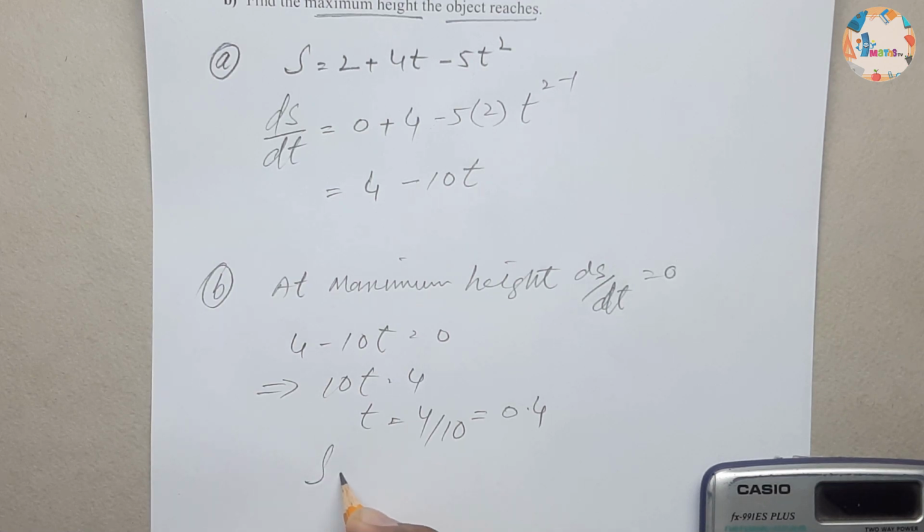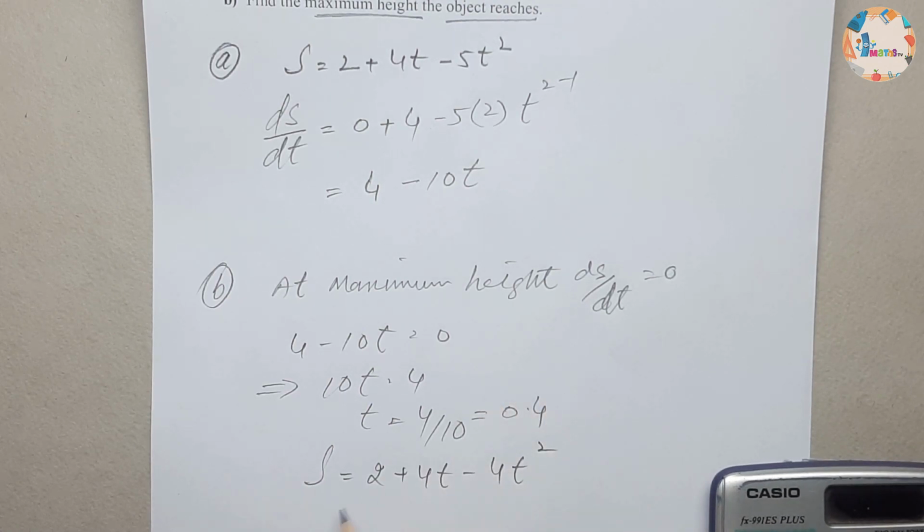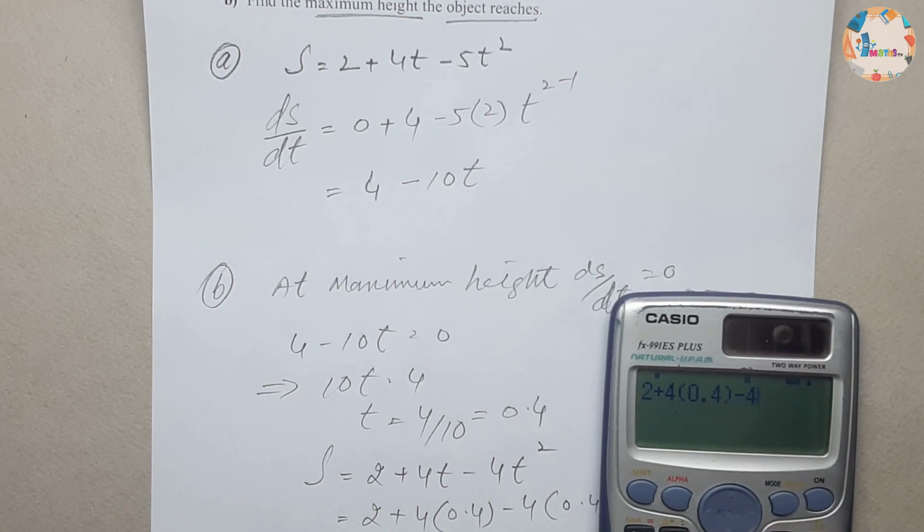which is s is equal to 2 plus 4t minus 4t square, and this value we will replace. So this will be 2 plus 4 into 0.4 minus 4 into 0.4 whole square.